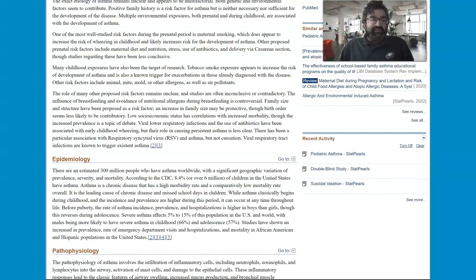Severe asthma affects 5 to 15% of the population, and the rates of asthma have gone up due to increased urbanization. This causes an increase in hospitalizations among historically marginalized populations.